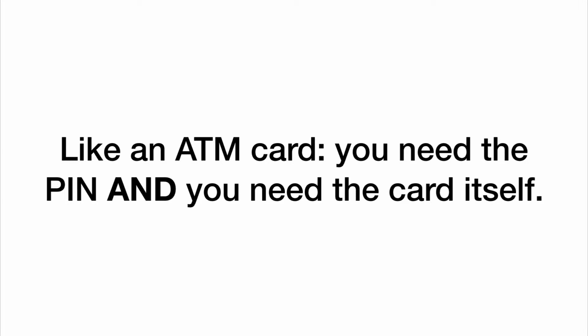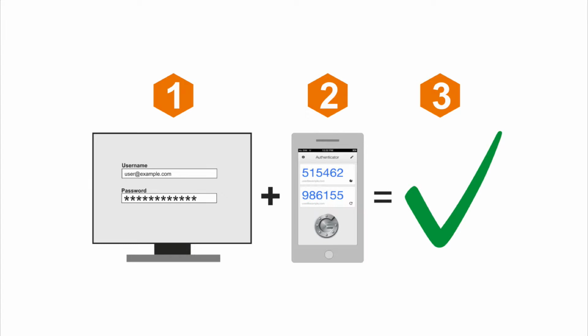Two-factor authentication is essentially an additional password, or method of proving who you are other than just your password. And why is that important? Because there are so many ways someone can get your password. They can steal it, like looking over your shoulder.